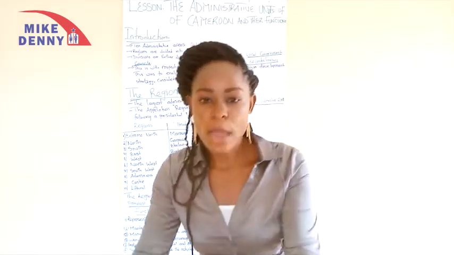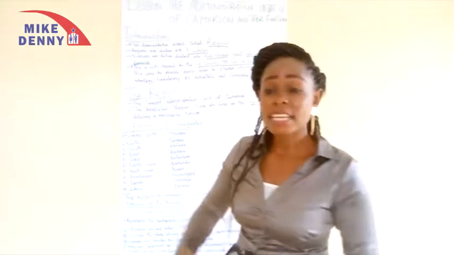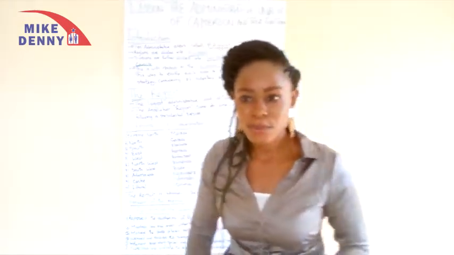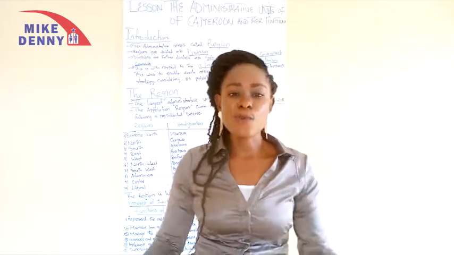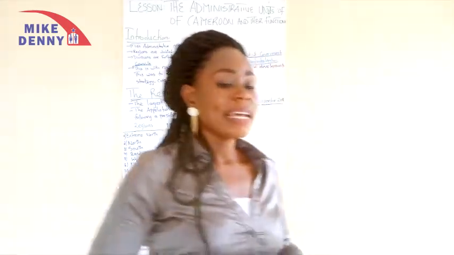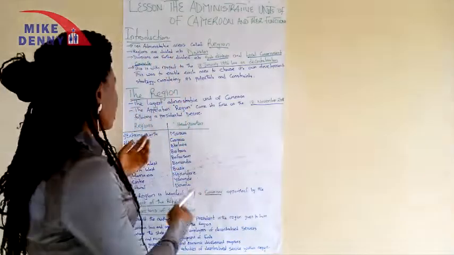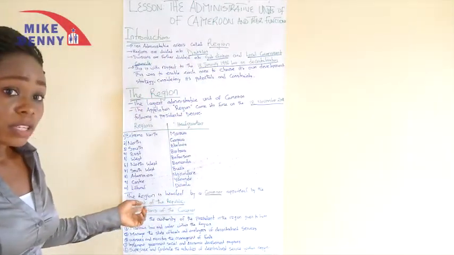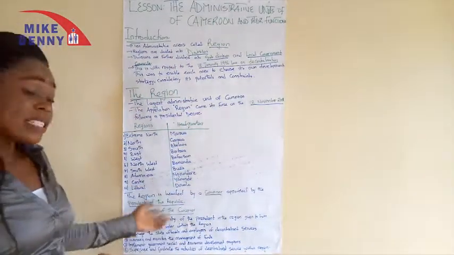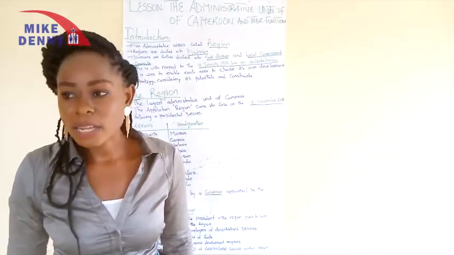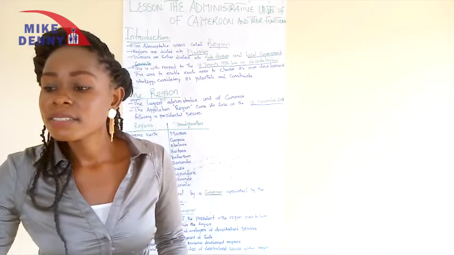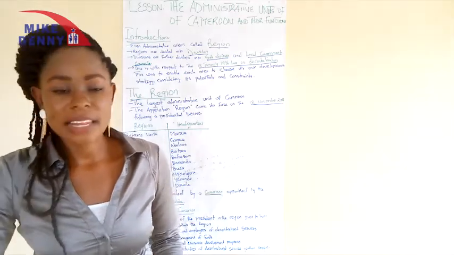We have West, and the headquarters of West is Bafoussam. That is very good. East, very good. And of course, we know that the headquarters of East is on the board. The headquarters of East is Bertoua. South, and the headquarters of South is Ebolowa. That is very good.